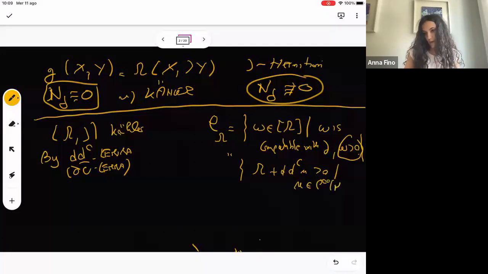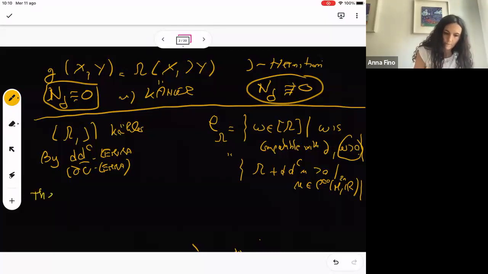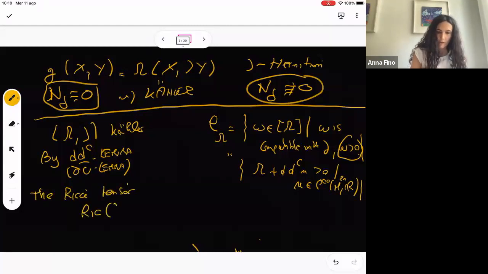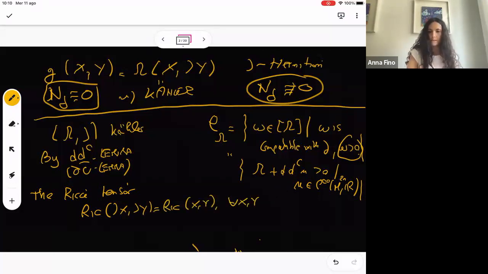So it's another way to formulate the same property. And the Ricci tensor is J-invariant in the Kähler case, and this allows us to define in an easy way what the Ricci form is and so on.